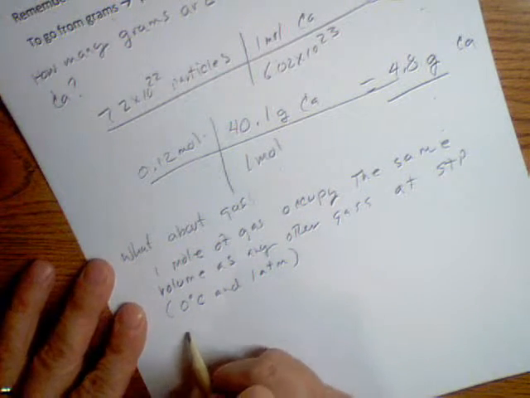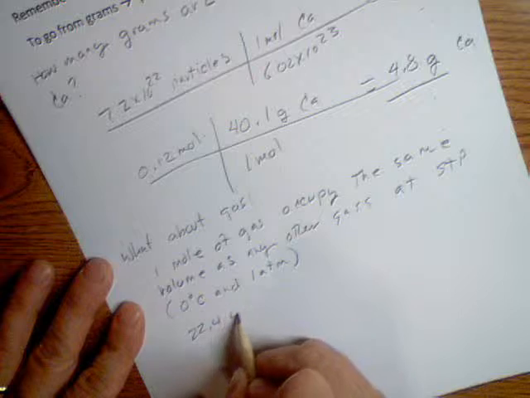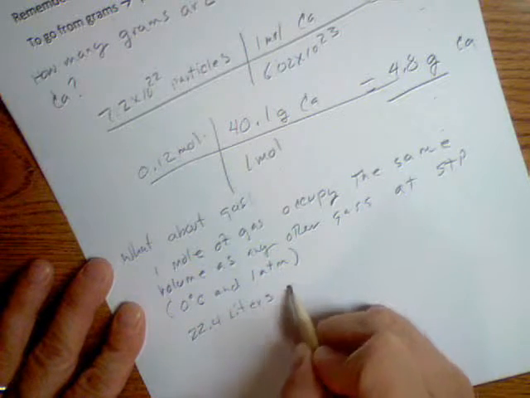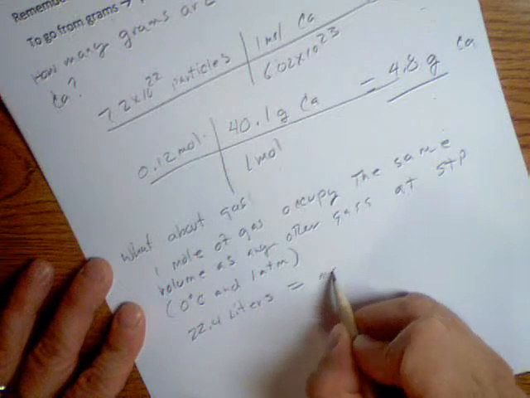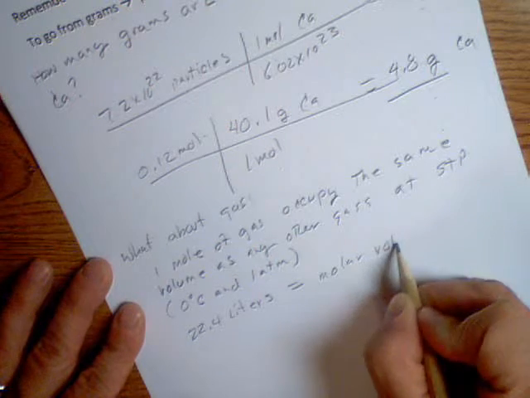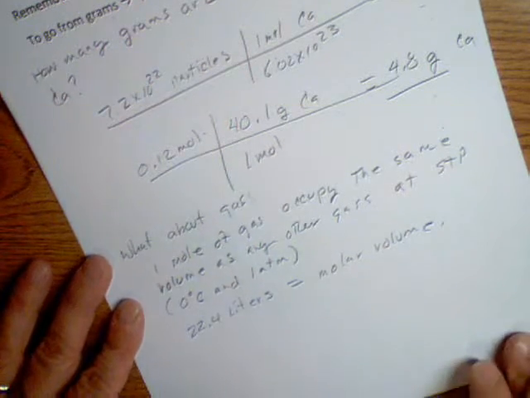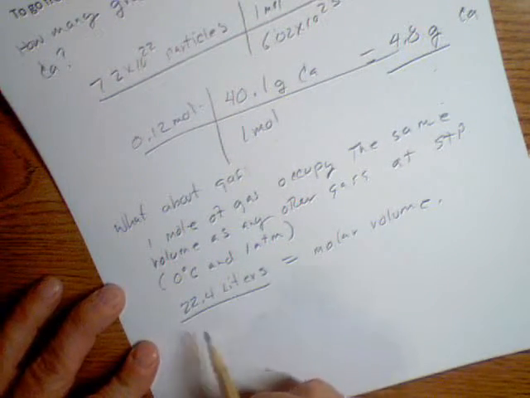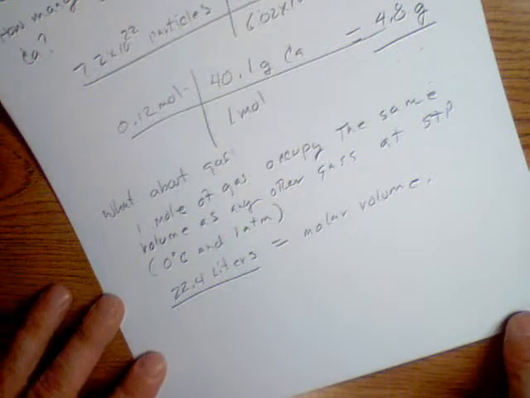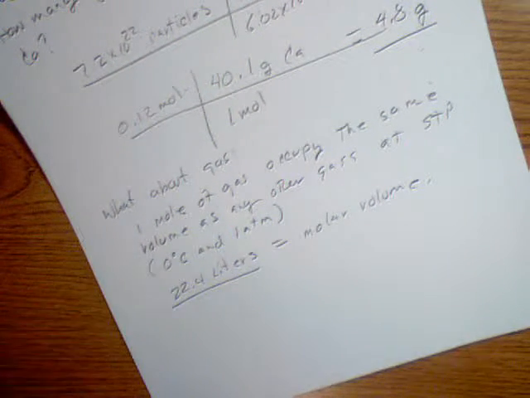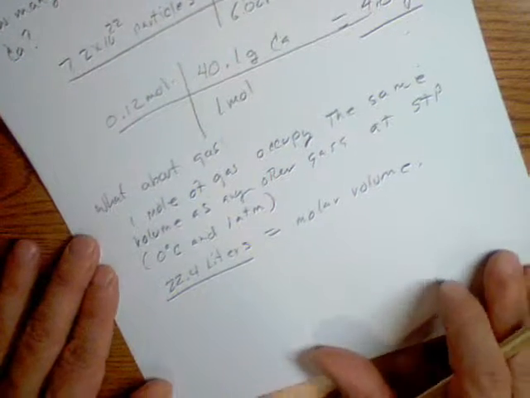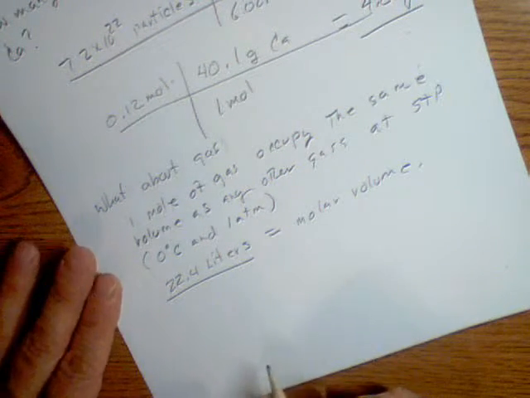And what that is, 22.4 liters equals 1 molar volume. All right. Well, now that we have that number, 22.4 liters, we can now work a problem based on gas.